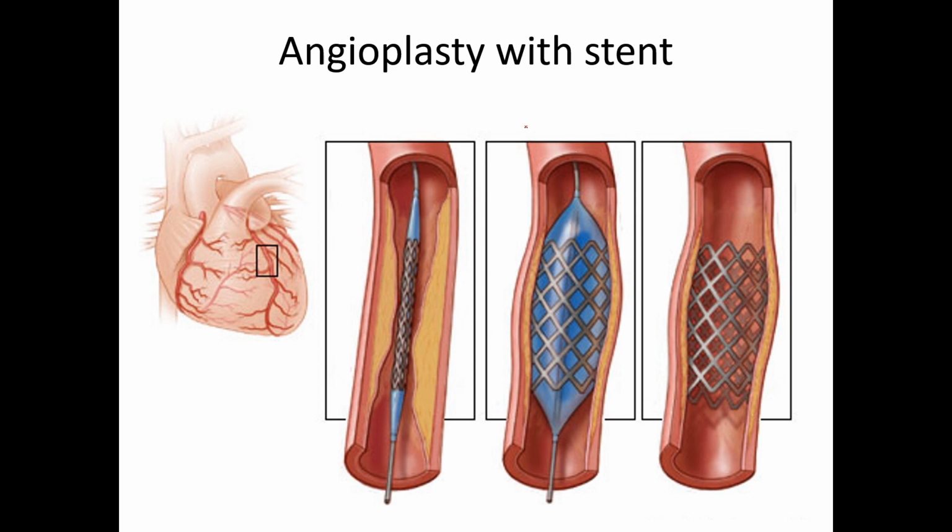Oftentimes, stents are laced with drugs called anticoagulants. An anticoagulant is something that prevents clotting, prevents the blood from getting stuck there. And it's going to release this anticoagulant in small amounts over long, long periods of time to help prevent a future plaque or blockage from occurring there.